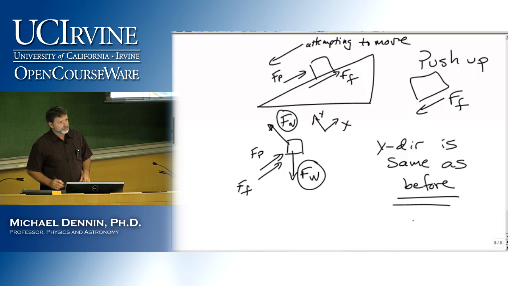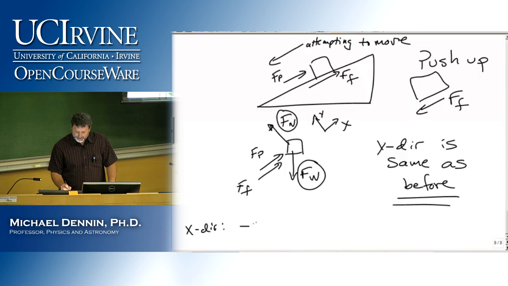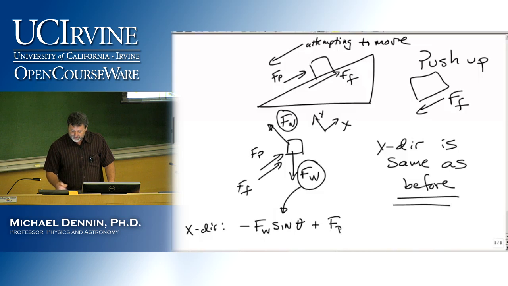That hasn't changed. We have a new x direction equation. What do we have? We have minus Fw sine theta. That's the component of the weight. And for this case, we have a positive pushing and a positive force of friction. And we're going to set that equal to ma_x, which is 0.